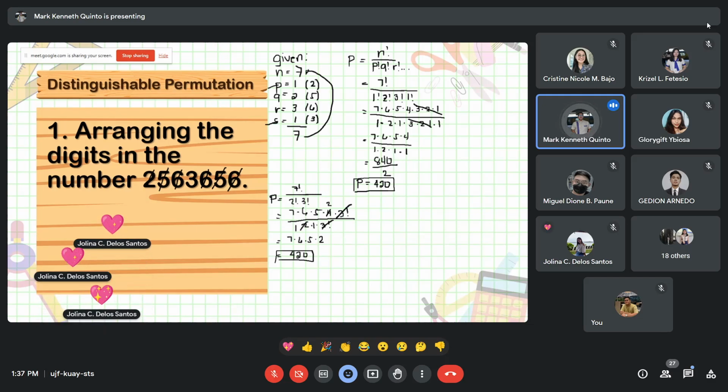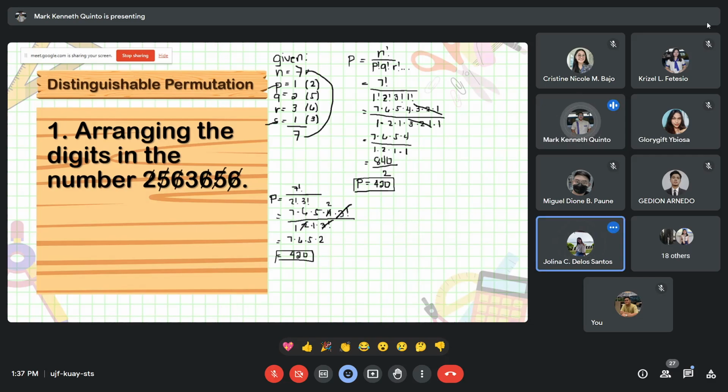Ngayon, try to input 7 factorial divide 2 factorial. Then, yung 3 factorial, kailangan nyo siyang lagyan ng parenthesis. So, open parenthesis muna bago 3 factorial, then close parenthesis. Press equal and the answer is still 420.